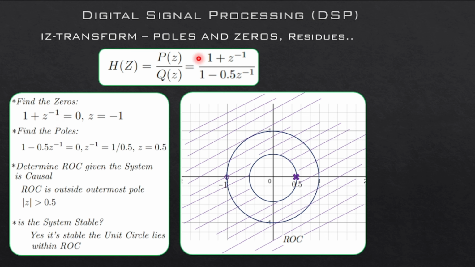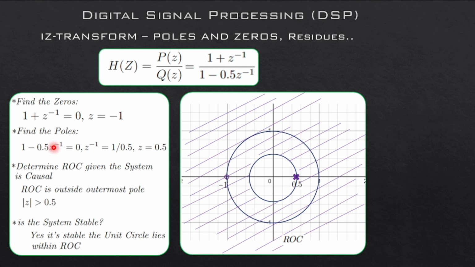That's Pz equal to 0, which is finding the values that annihilate the numerator. So z is equal to minus 1, correct? Why? Because z to the power minus 1 is equal to minus 1, then z, which is the inverse, is equal to 1 divided by minus 1, or minus 1, the same thing. Now that's the zero, okay? So for z equal minus 1, that's the first zero.